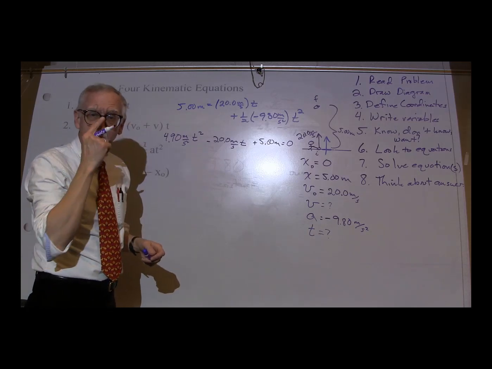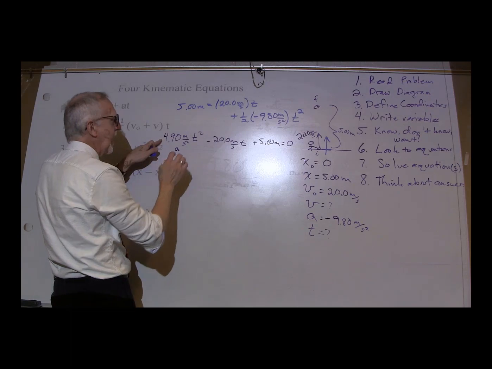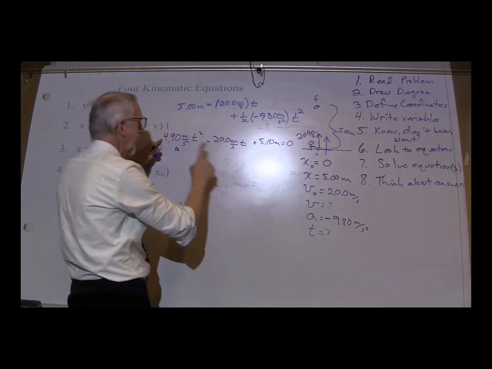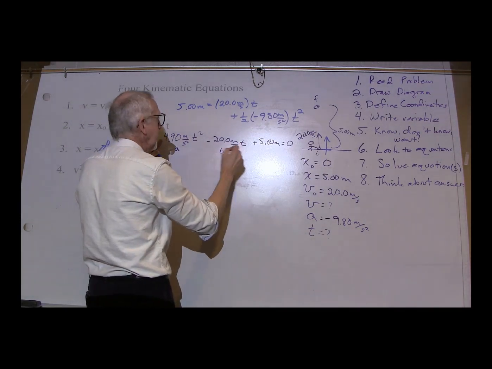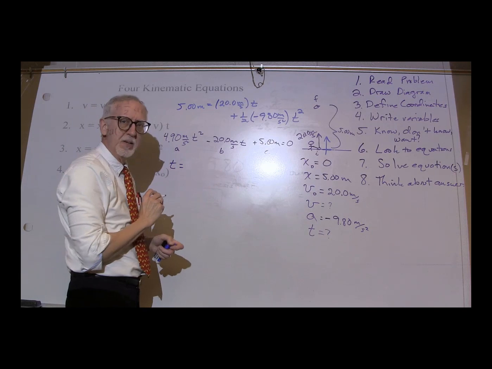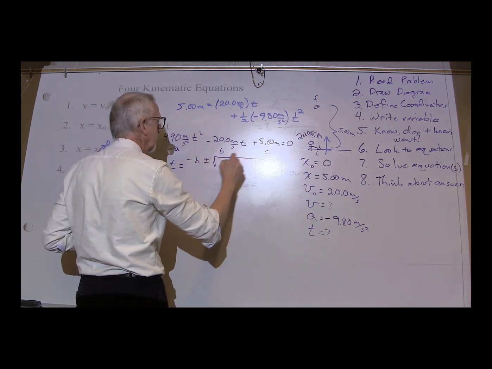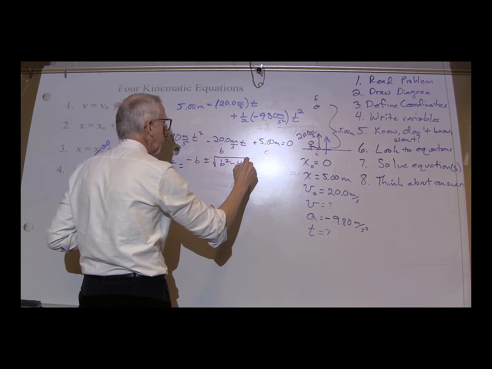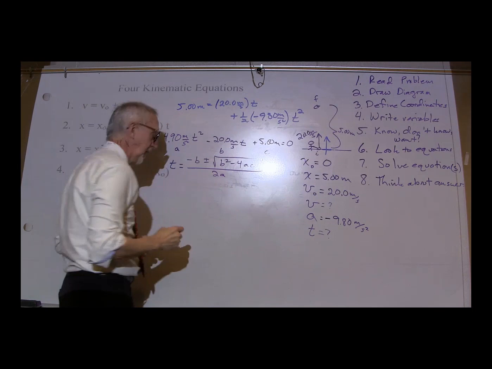Now, how are we going to solve this? Remember the quadratic equation. If this is the constant a, now be careful, it's not the acceleration a, it's the quadratic equation a. So that's a, this is b, this is c. Remember, what's the solution? t equals the opposite of b, plus or minus the square root of b squared minus 4ac, all divided by 2a.